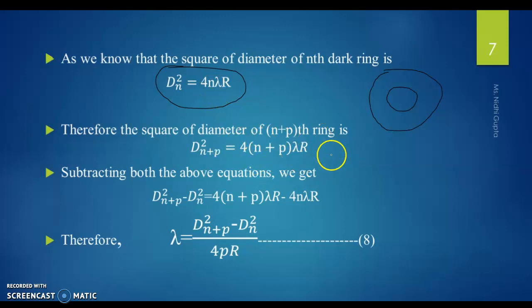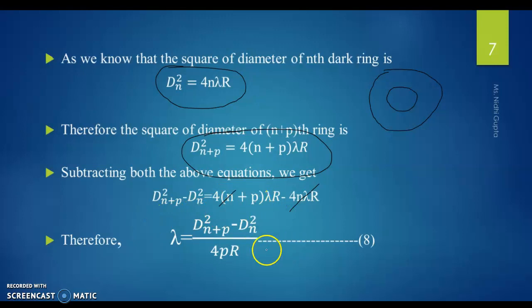All other data will be the same: lambda will be the same and the radius of curvature will be the same. If we subtract these two equations, dn plus p square minus dn square gives 4p lambda r, as 4n lambda r cancels out.